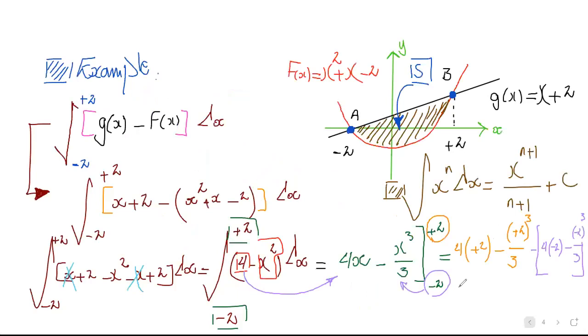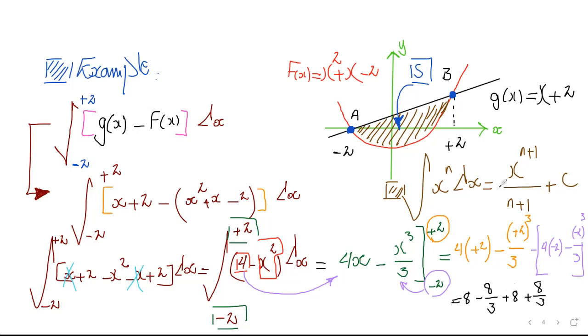Now, the rest of the case is very simple, using the calculator to find the rest. We have 4 times 2 becomes 8. We have minus 8 divided by 3. We have 4 times minus 2 becomes minus 8. Minus 8 becomes plus 8. And we have also minus 8 minus 3 becomes plus 8 over 3.